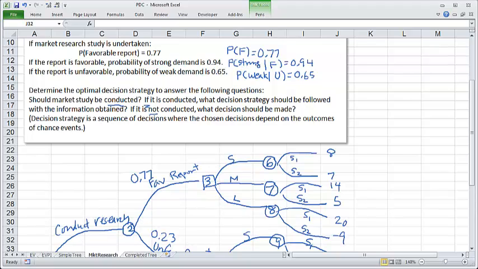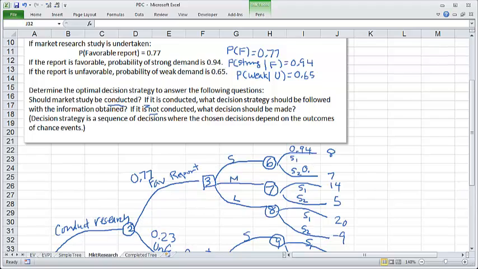Strong demand given favorable report is 0.94. So it says favorable report is given, right here. And in that case, probability of S1, the strong demand, is 0.94. So we could put that conditional probability right here, 0.94.